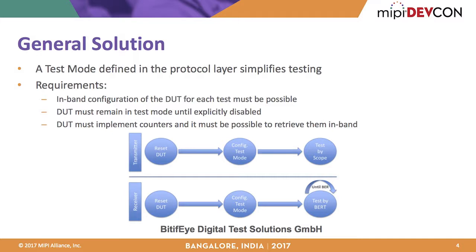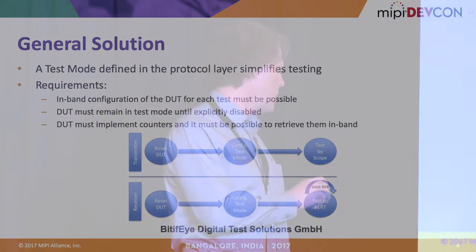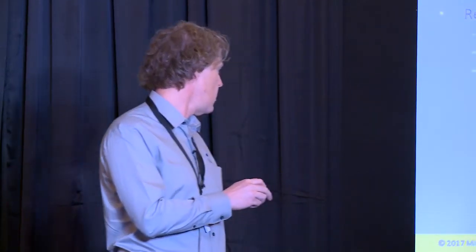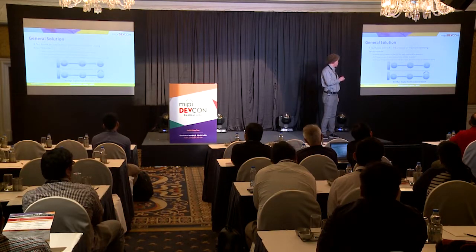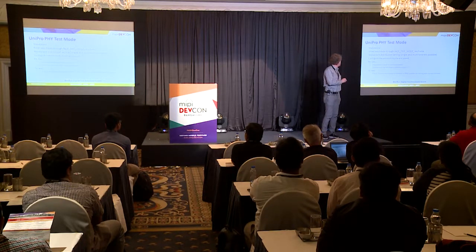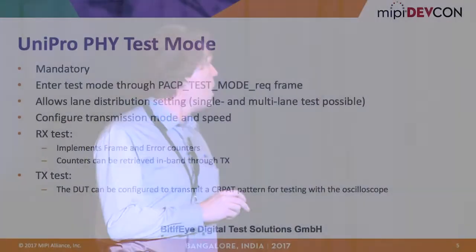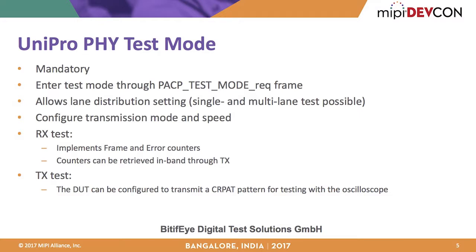For the receiver, we are doing basically the same: reset the DUT, configure the test mode, but we're doing, of course, the testing with the BERT, and then we're reading out the errors. So, in order to have our solution going, it's of course mandatory to have the UniPro test mode implemented.